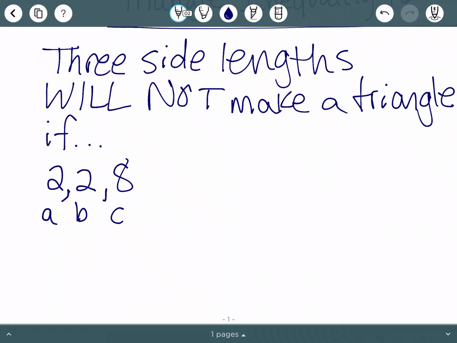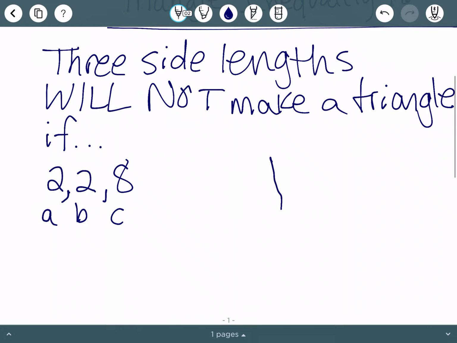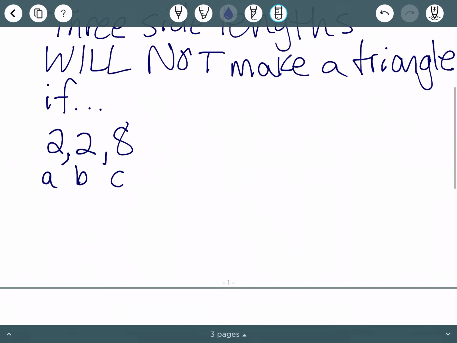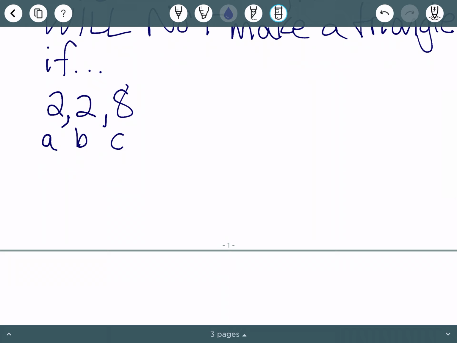All right, back to these sides here, this 2, 2, and 8. Will they make a triangle? No, I already told you that. So let's see why not. All right, so a few things to note here. We have sides 2, 2, and 8. If these did make a triangle, then they would follow these inequalities.